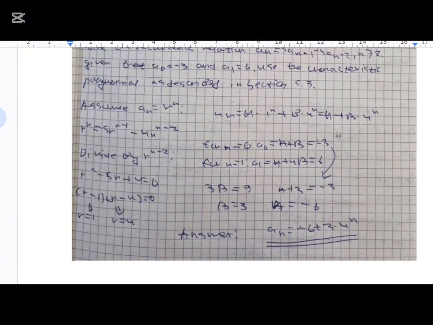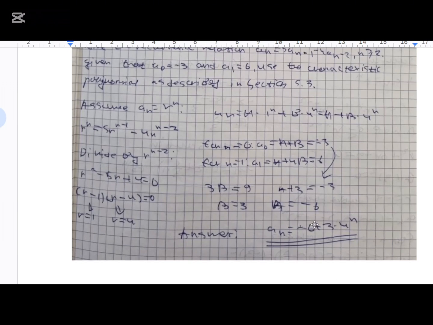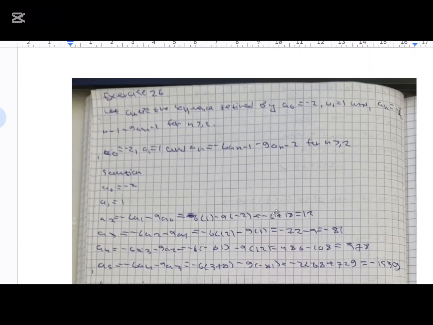By this formula, applying it to the general solution like this, we can understand that 3b equals 9. So if we divide 9 by 3, b equals 3, and the final answer is right here. So let's get into the last exercise.